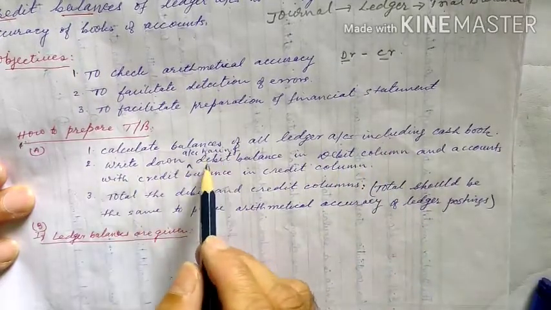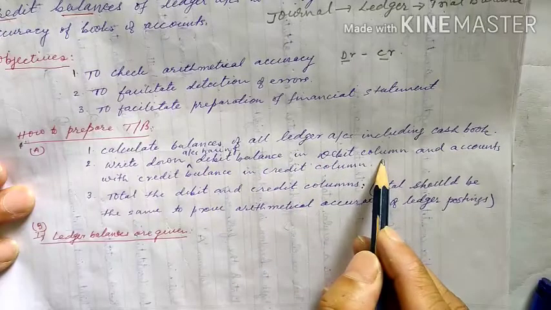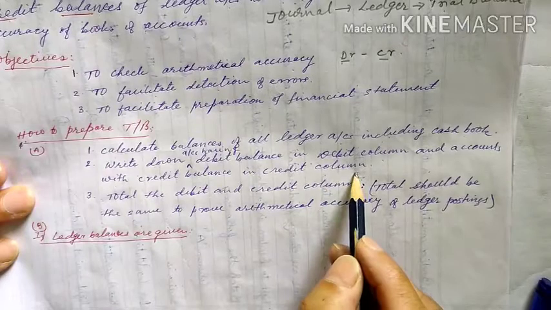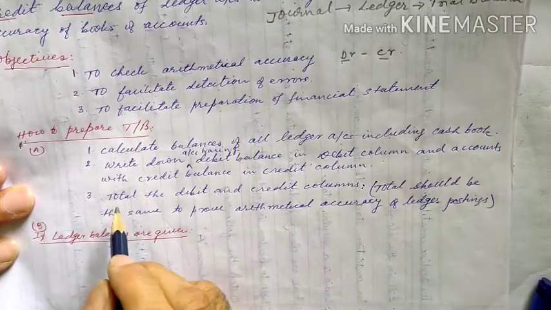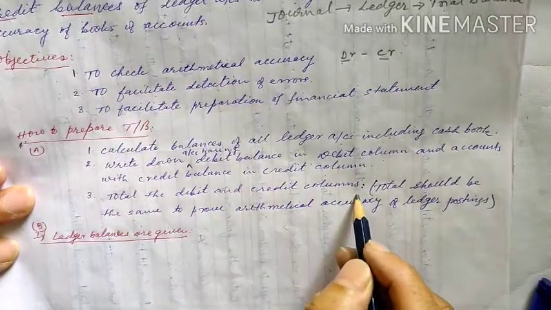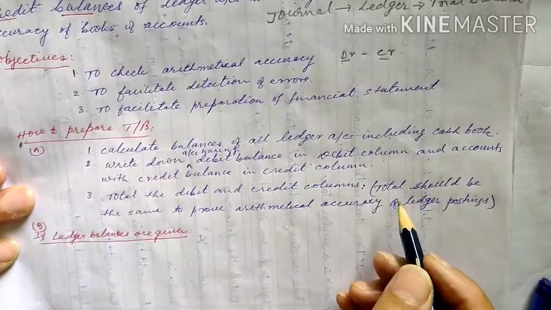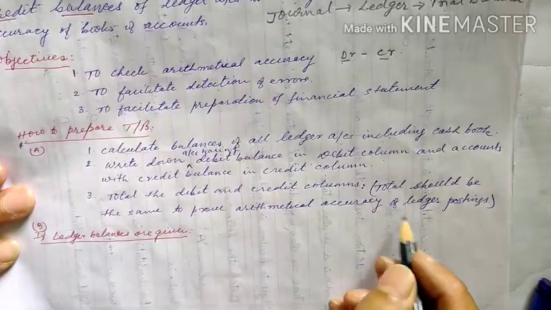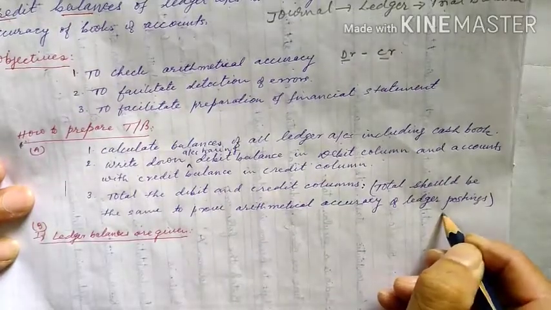Write down accounts having a debit balance in the debit column and accounts with a credit balance in the credit column of the trial balance. Now total the debit and credit columns of the trial balance. The totals should be the same to prove the arithmetical accuracy of ledger postings.